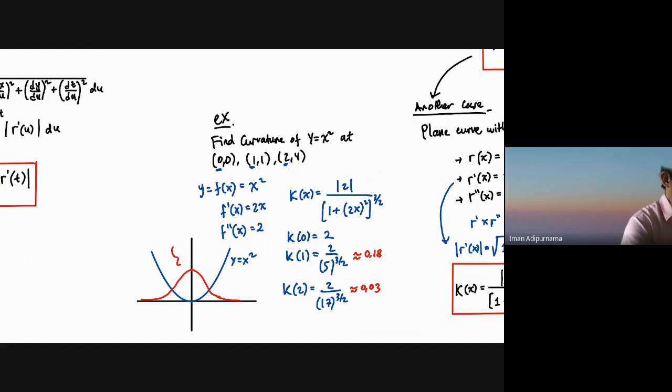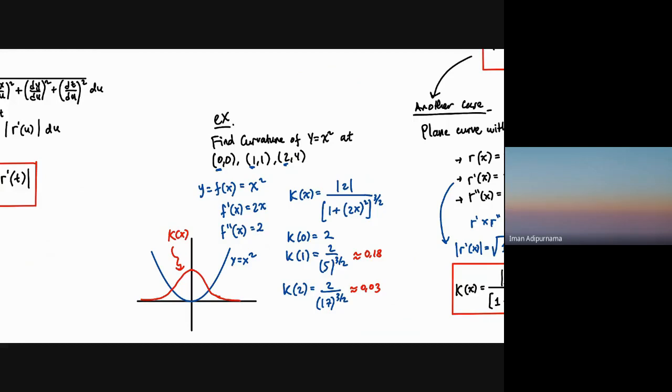The red line is the curvature of x. The stationary point here is where the gradient is changing, and by our evaluation, it's the highest point, which means the direction changes really fast from this to this.